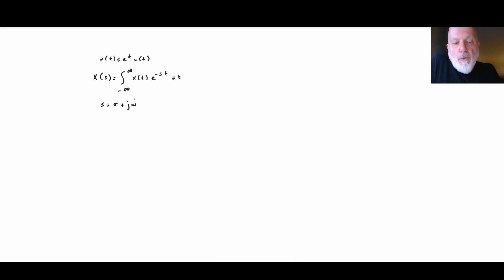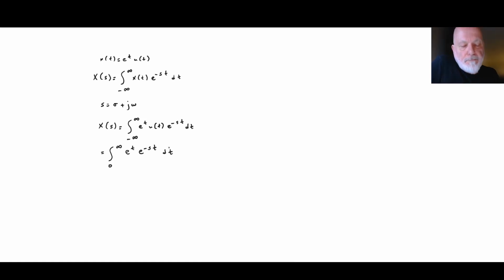Okay, so X of s becomes the integral from minus infinity to plus infinity of e to the t u of t e to the minus st, integrated with respect to t. Now, because of u of t, this integral is from 0 to infinity of e to the t e to the minus st, integrated with respect to t. Okay?